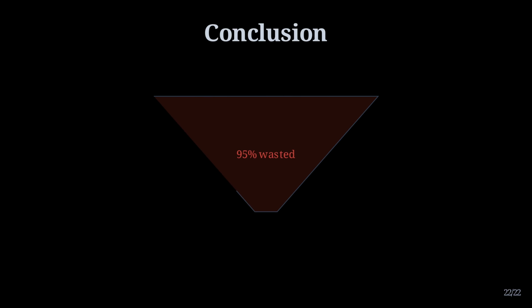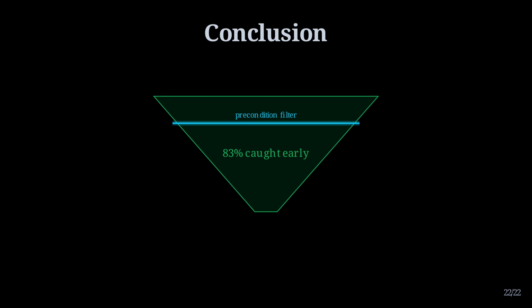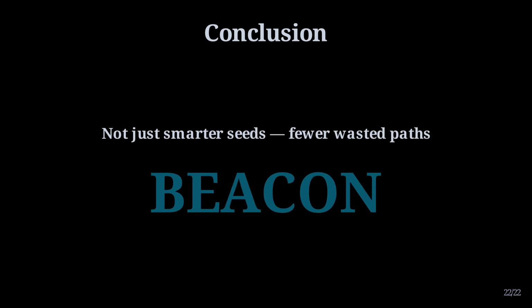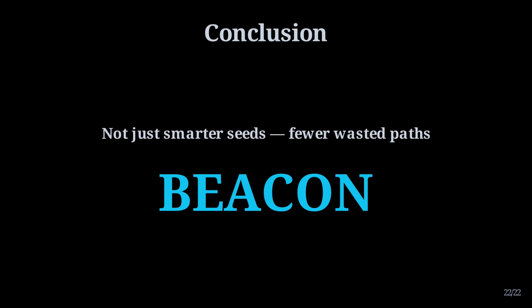To bring it all together, Beacon's contribution is introducing a new dimension to directed greybox fuzzing. The field has largely focused on two levers, smarter seed scheduling and better mutation strategies. So Beacon adds a third, eliminating infeasible paths entirely through static precondition analysis. The approach is grounded in a backward interval analysis made practical by their two precision optimizations, namely relationship preservation and bounded disjunction, and is kept lightweight through selective instrumentation.